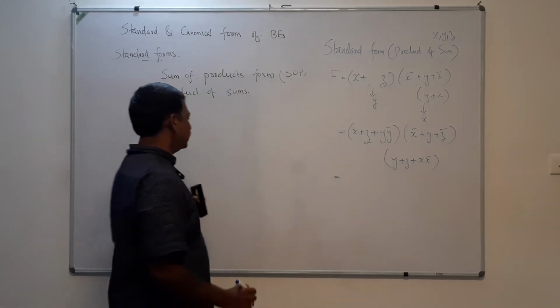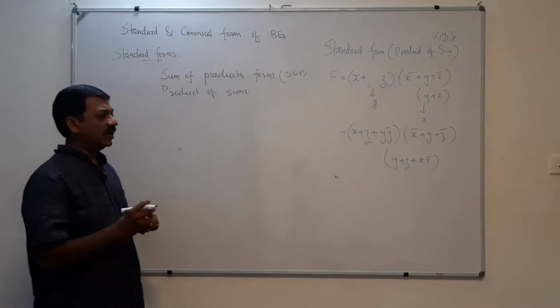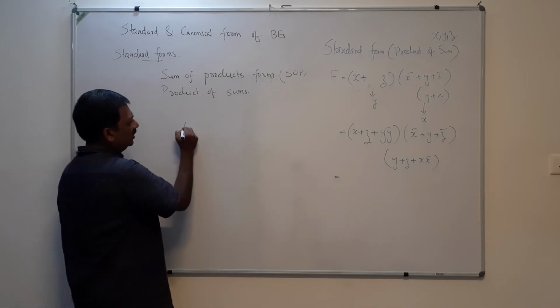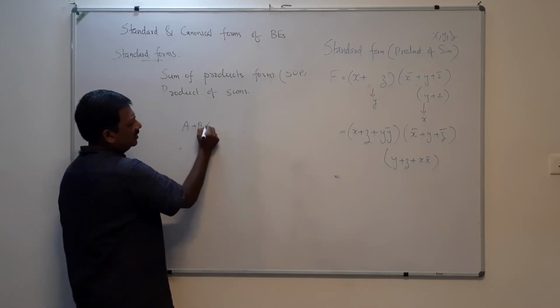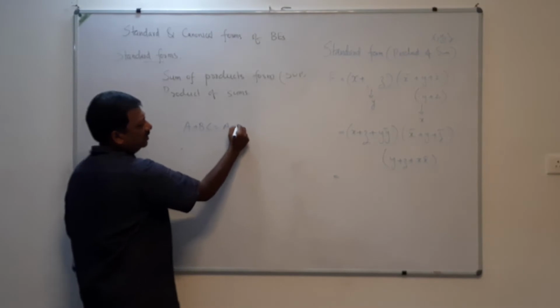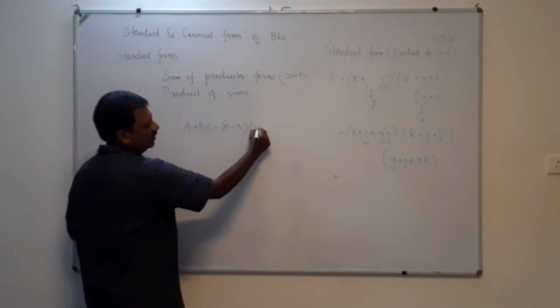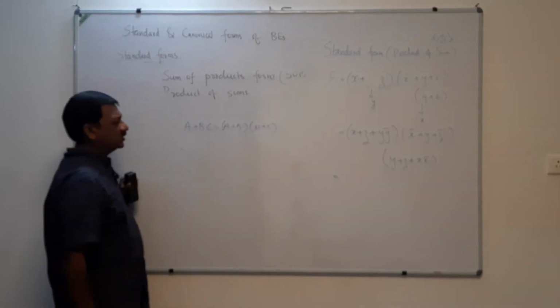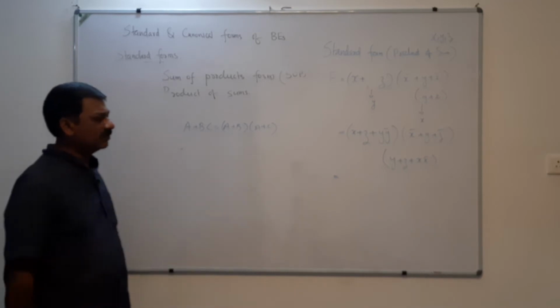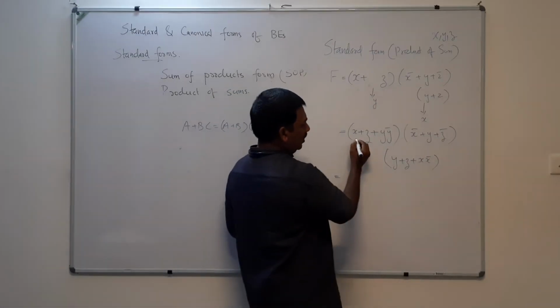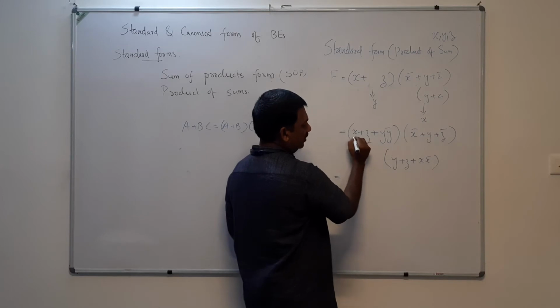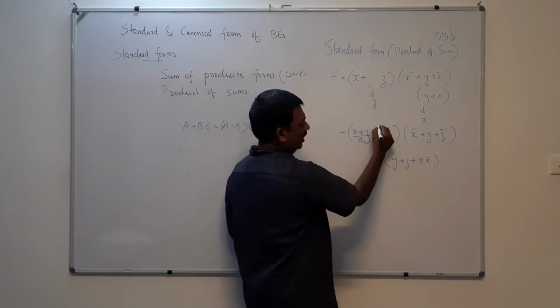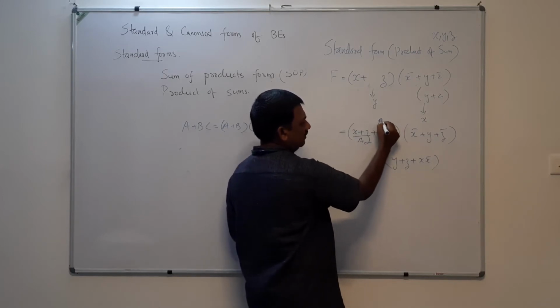Then what will happen? Here we have a result. In the earlier postulates, we have a result a plus bc is equal to a plus b into a plus c. Here x plus z into y bar, you are going to take this as a, and this as bc.